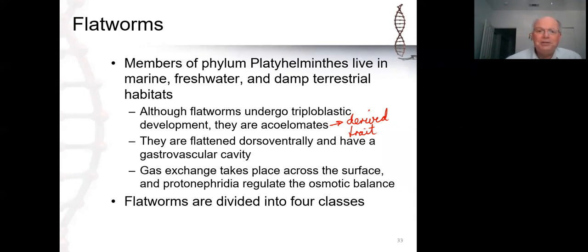And there's some DNA sequence evidence that is now starting to support this view. So it's not just what we see in the fossil record.